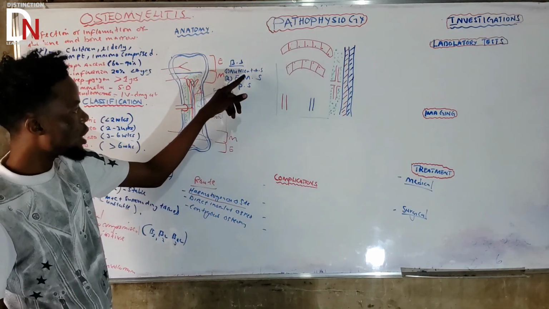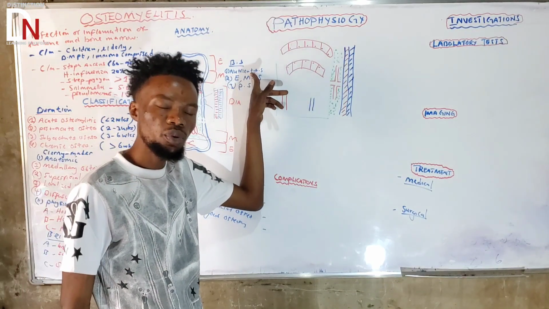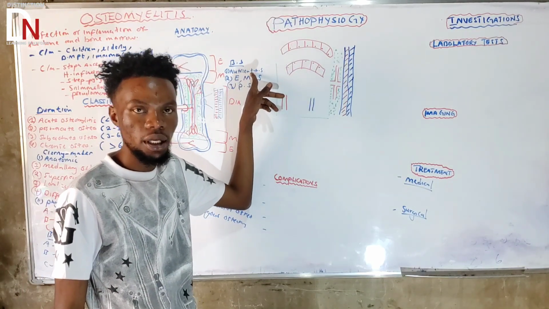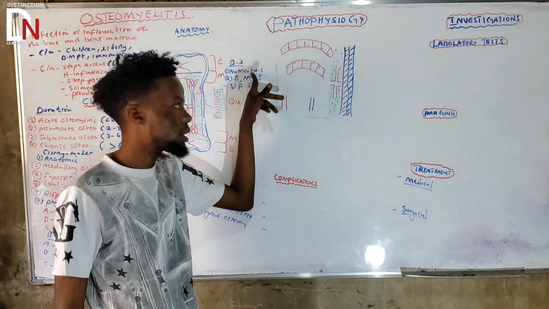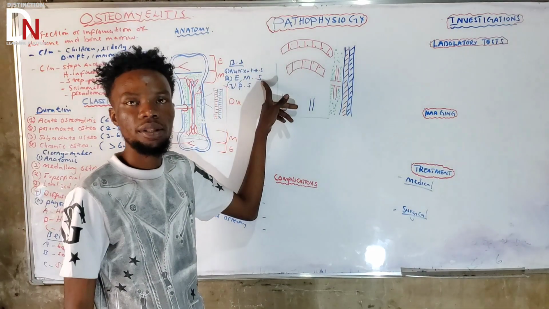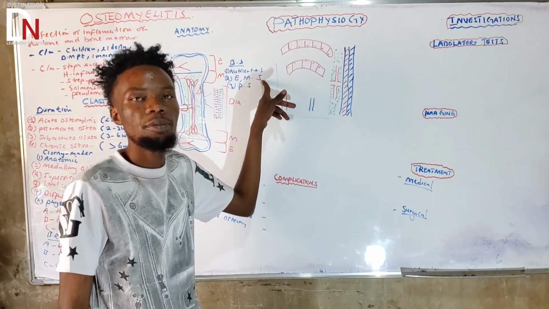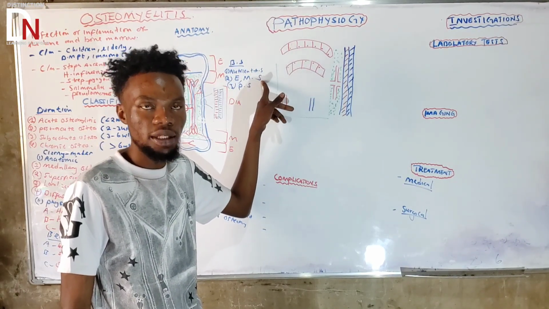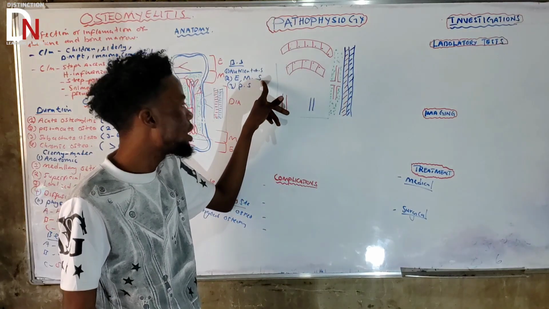If you talk about the nutrient artery, it's going to supply about 2/3 of the cortex. The cortex is going to be supplied 2/3 from the nutrient artery. Then these two just supply the specific regions, the epiphyseal region and metaphyseal region.